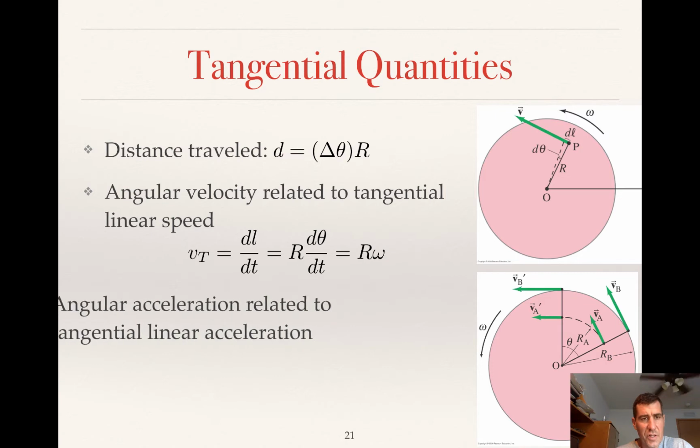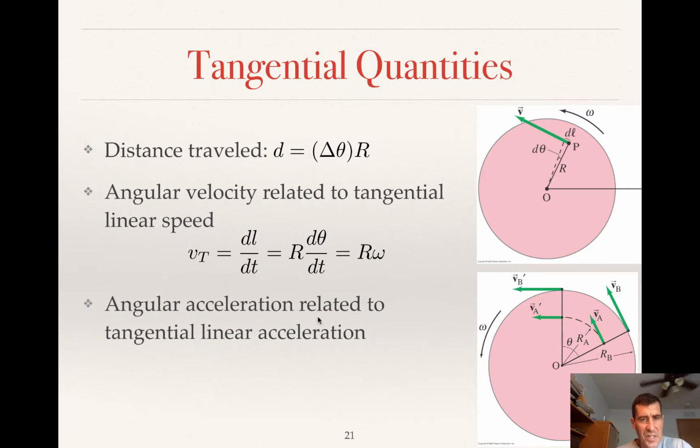Then you can do something similar for the angular acceleration. The angular acceleration must be related to the tangential linear acceleration. The tangential acceleration a sub t is the acceleration in the tangential direction, so tangent to the circle.